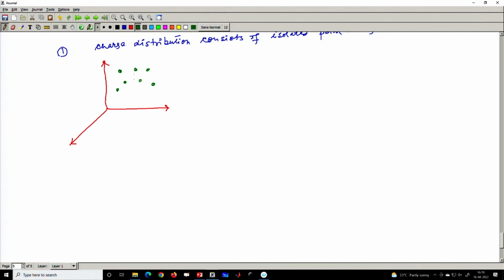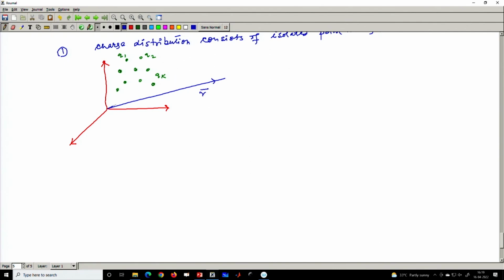Some random charges are there like this, and say this is Q1, Q2, and this is Qk. So, I want to find the potential at the point R due to all this charge distribution.